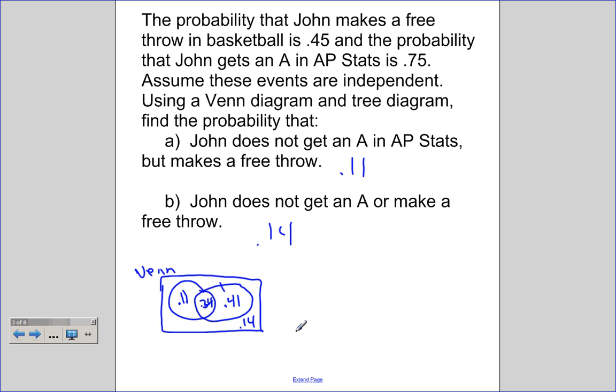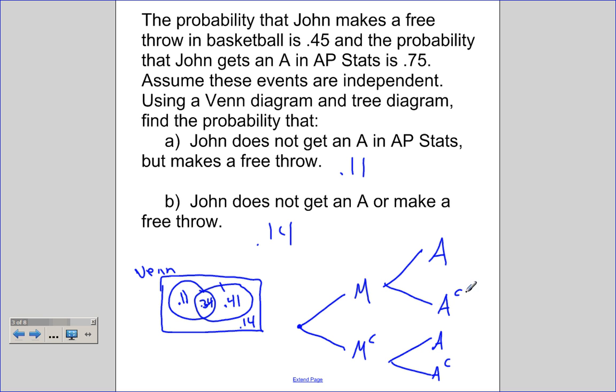Another way we can do this is with a tree diagram. The first thing you do is, say with basketball, he makes a shot or he doesn't make a shot. And then the next probability is he gets an A in AP Stats or he doesn't get an A in AP Stats.